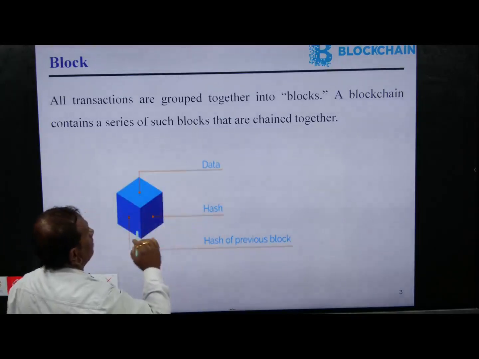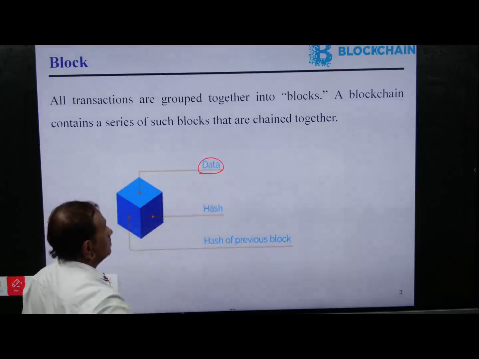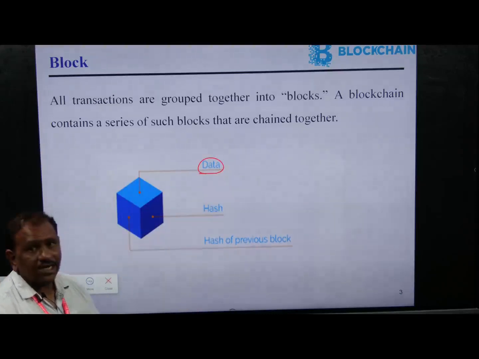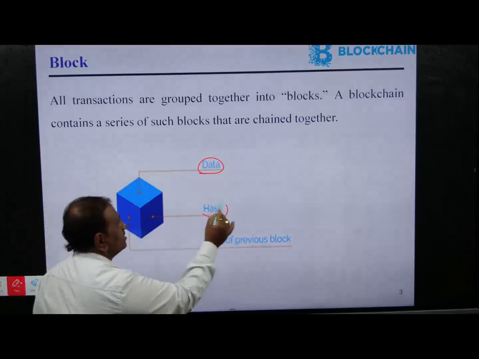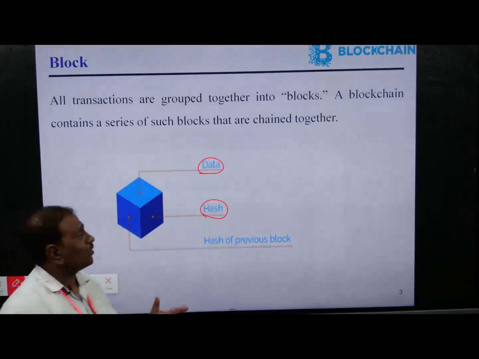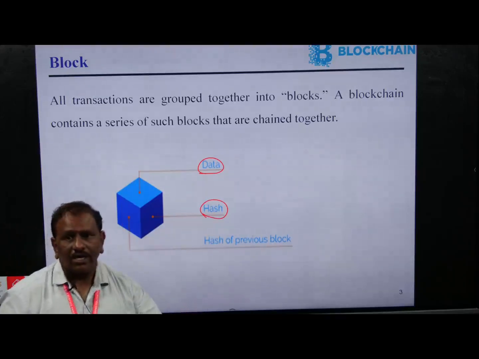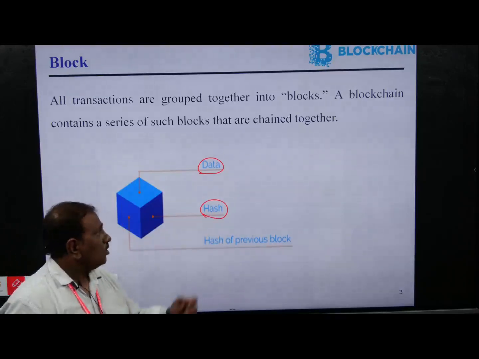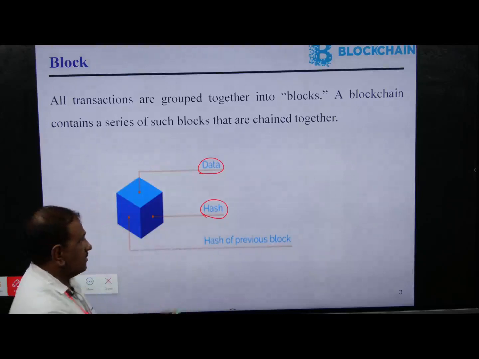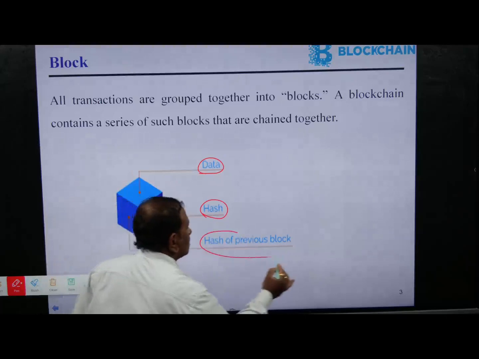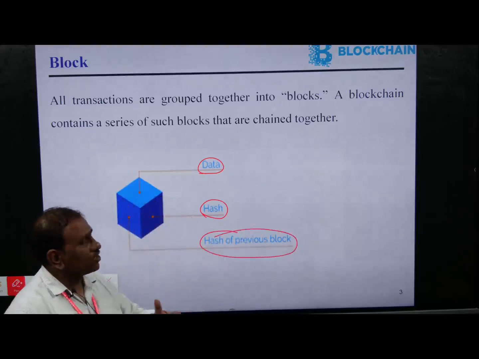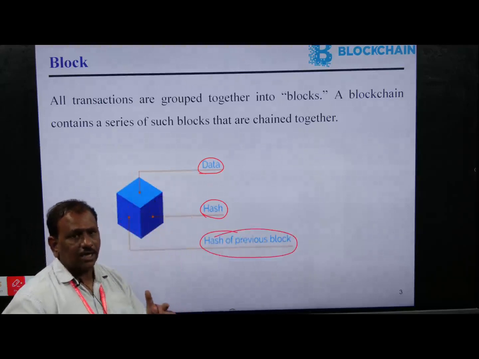In this block there is data and a transaction hash. For every transaction, we talk with respect to a transaction hash. What the transaction hash is, we will also discuss in further classes, and the hash of the previous block will also be stored. That is what we call a block.